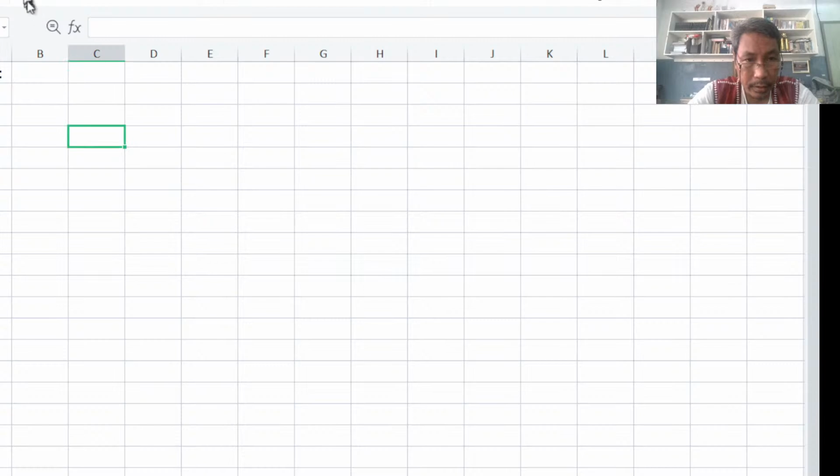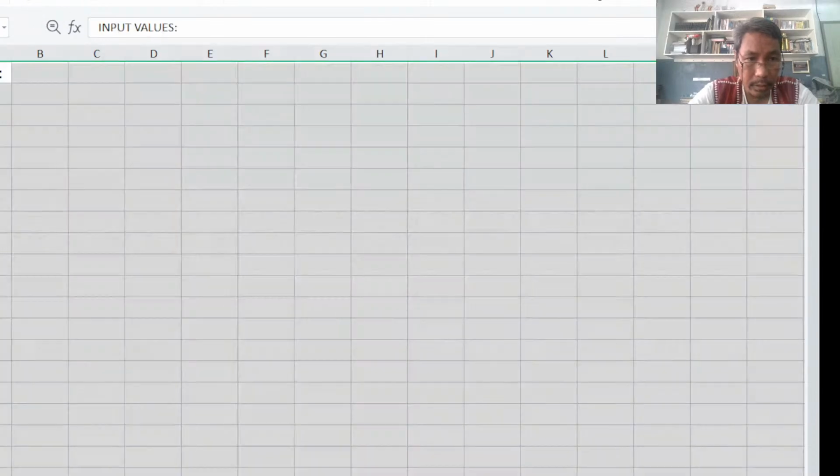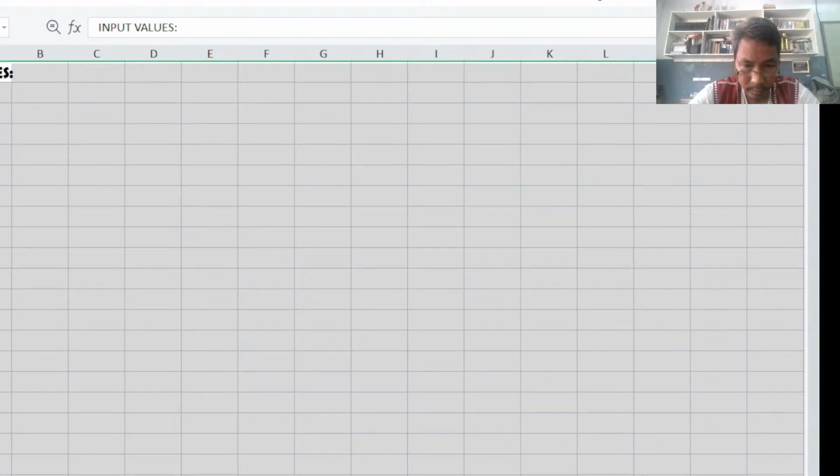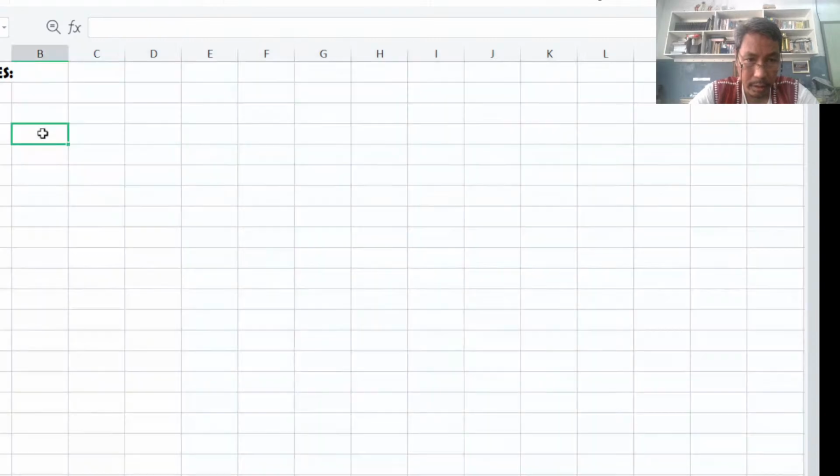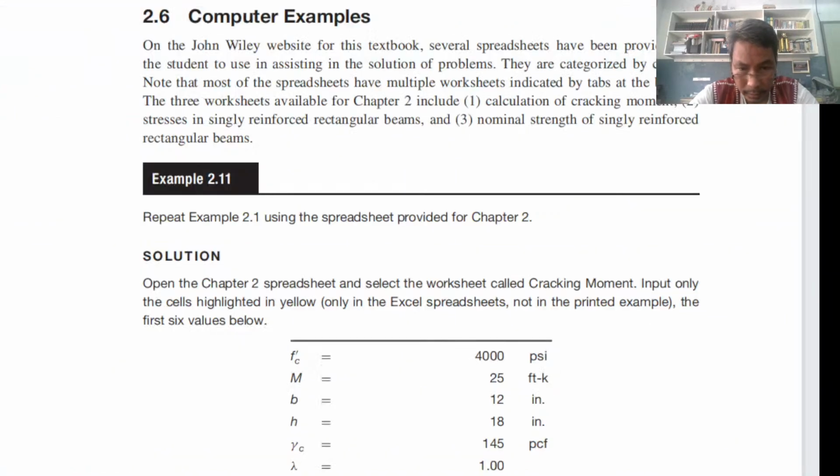We can also use a different type of font, let us use our favorite font. Next we have b, then d. So what are those values? Let us check. What is this? h.